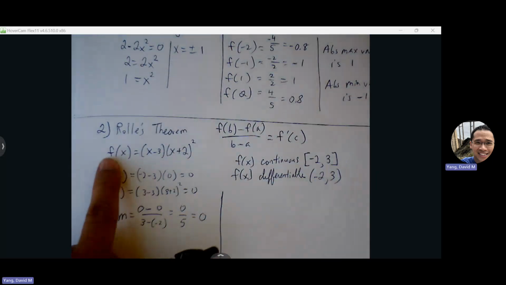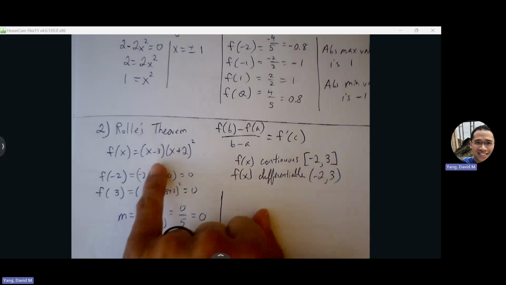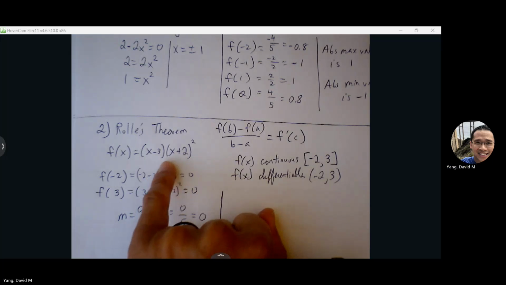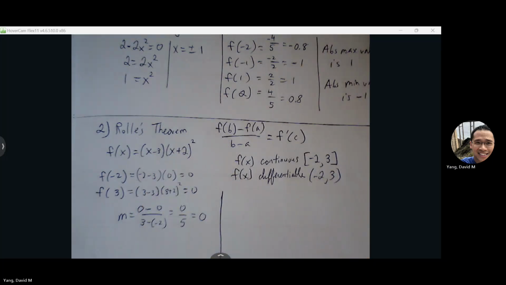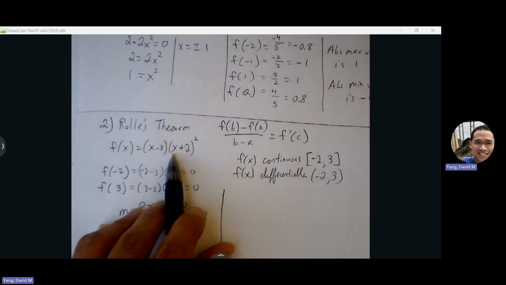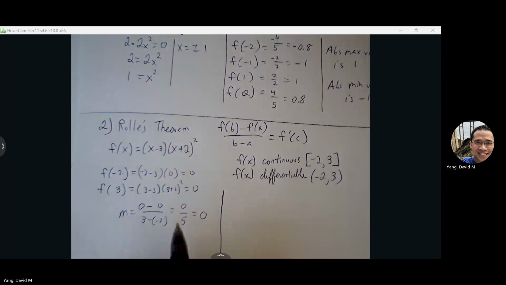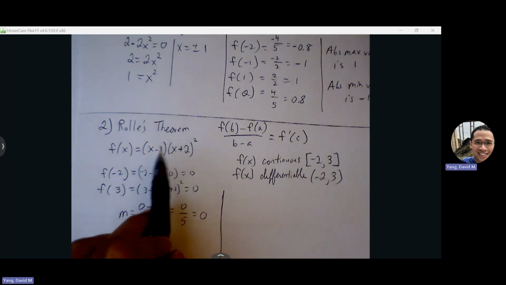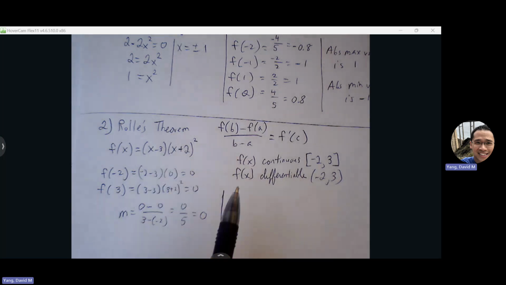So to find f prime, we have to go through what rule here? What do you see? Yeah, 2 parentheses being multiplied together, we have to use what?